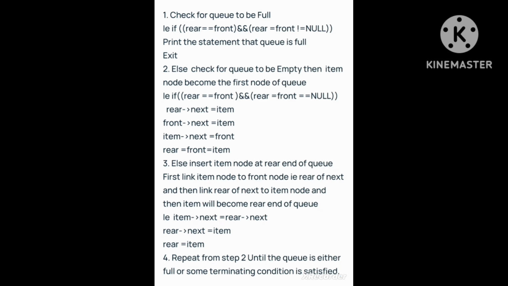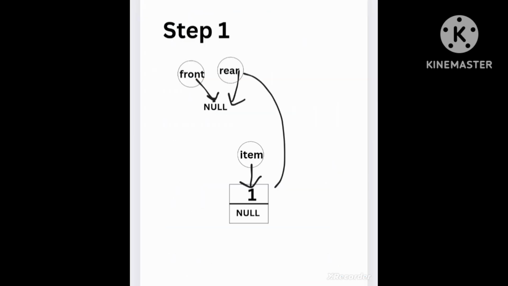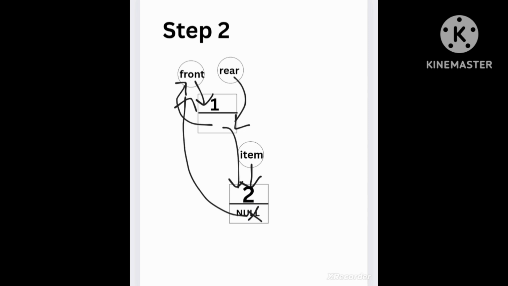Now let us understand diagrammatically how it will work. Now in step 1, the front and rear both are assigned null value, that is our queue is empty, and we have to insert the item node first onto the circular queue. So for that we'll first link our item node to the front and then our rear will point to the item and our item will now become the rear end.